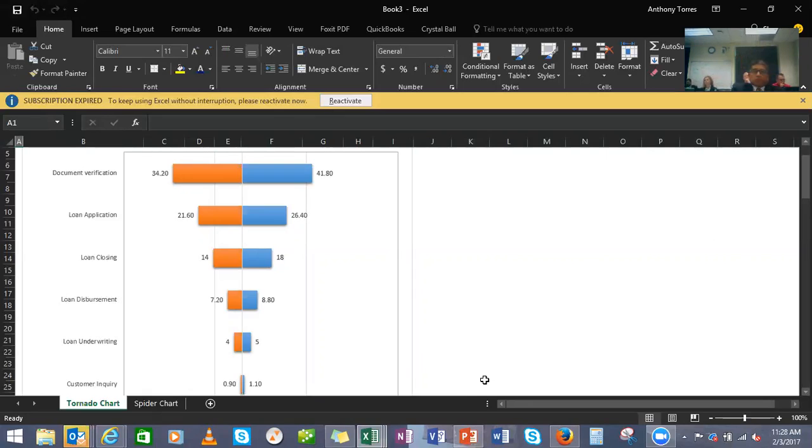If we wanted to test a reasonable range, we should have tested something like this, maybe plus or minus 2 standard deviations. That would get us closer to understanding the true variability contributed from this loan disbursement process.